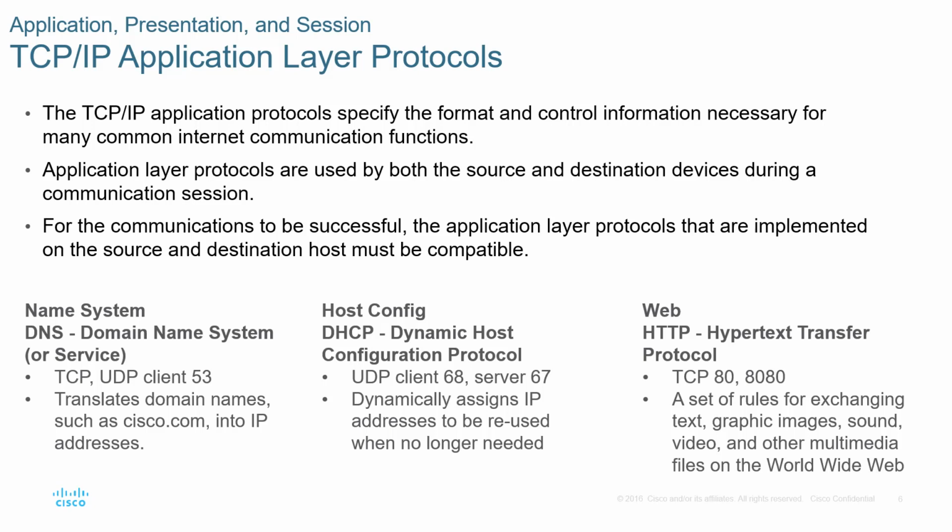This is what allows us to assign address information. If we're not manually assigning addresses, we have to do it dynamically, and that's done through DHCP. If we're looking at web resources, HTTP or HTTPS, HTTP will use port 80, HTTPS will use port 443. This is the set of rules for exchanging web content, web pages, things of that nature.